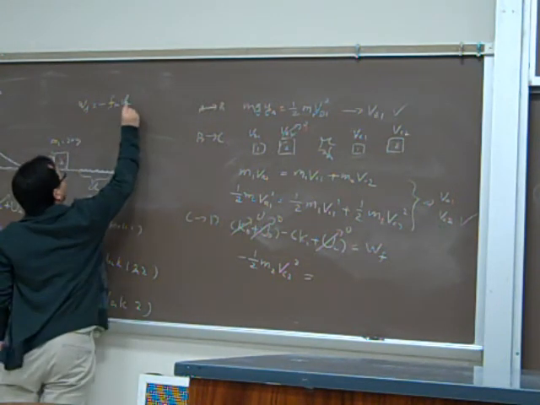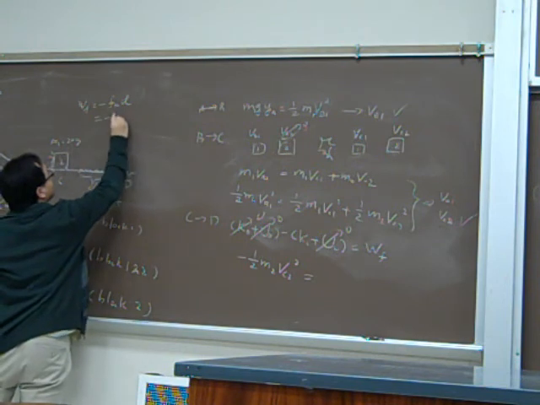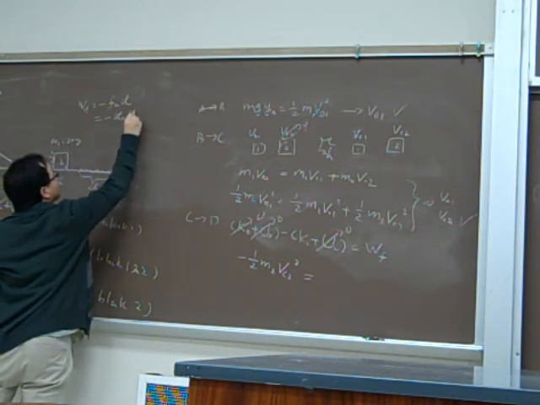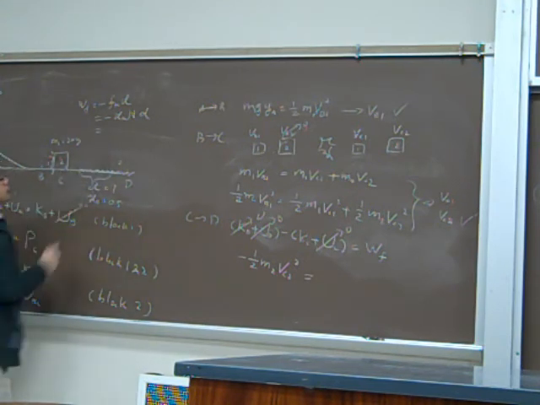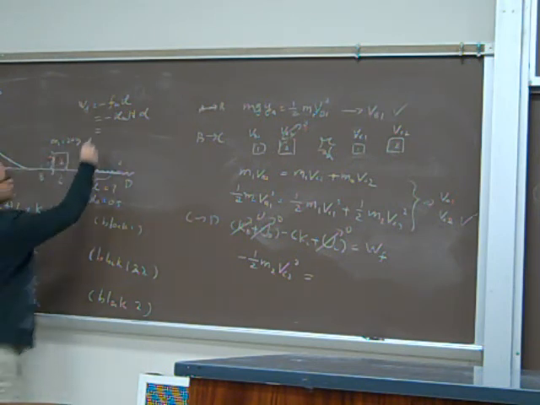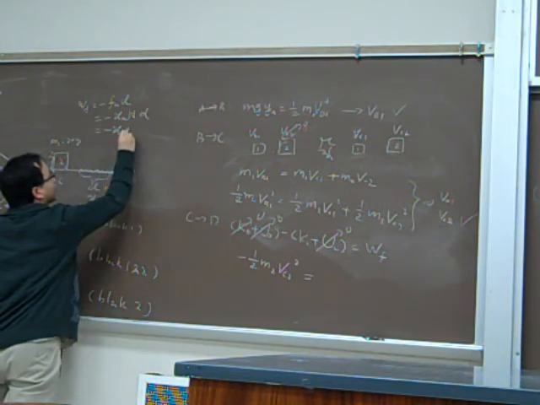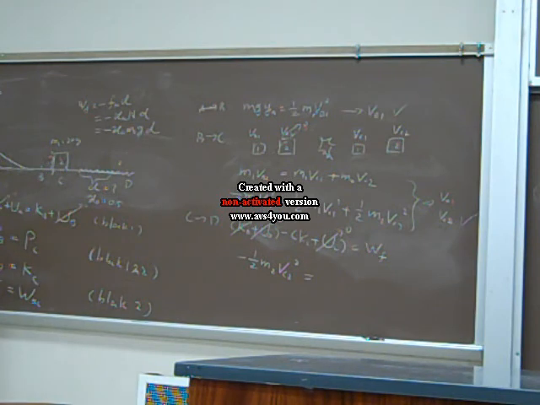Okay. And so it can be written as negative mu k times the normal force N multiplied by d. The frictional force equals mu k N. And in this case, the normal force should be the same as the weight of the block. So it's negative mu k m2 g multiplied by d, right?